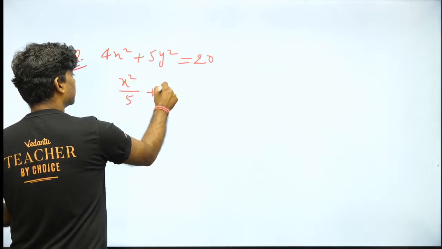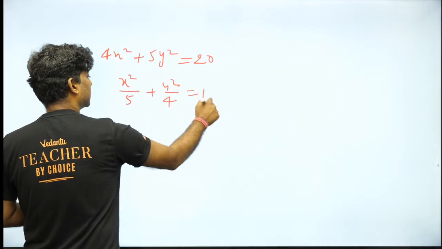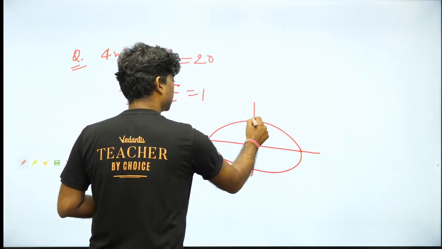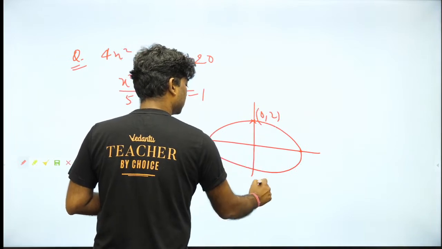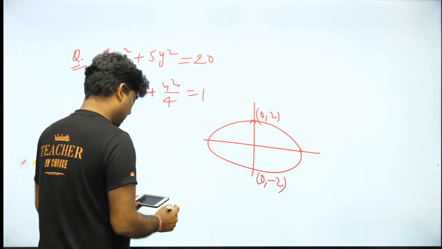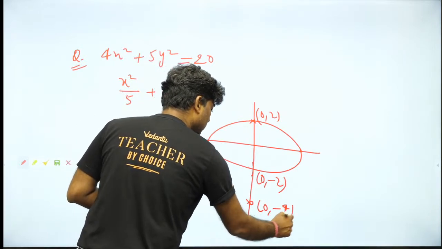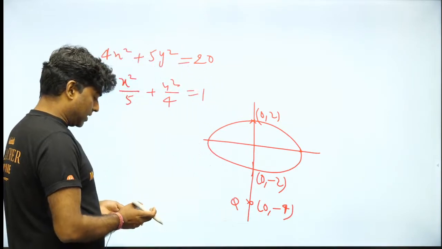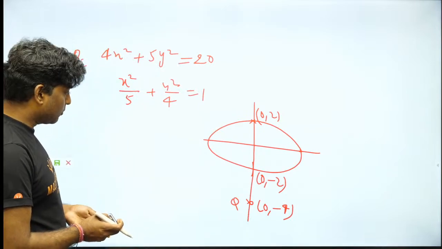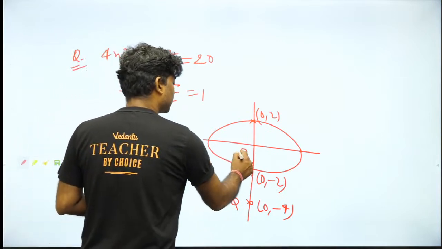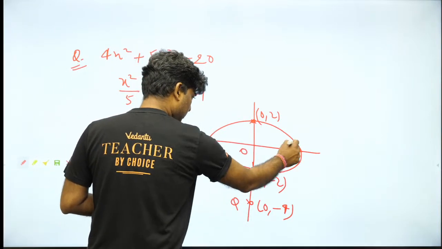So this ellipse is given. The point P on this ellipse is farthest from the point Q. See, we can change it into the proper standard form. This is the ellipse, right? And this is 0, 2, obviously. This is 0, minus 2. And the point 0, 4 is Q, 0, minus 4. Q is here.